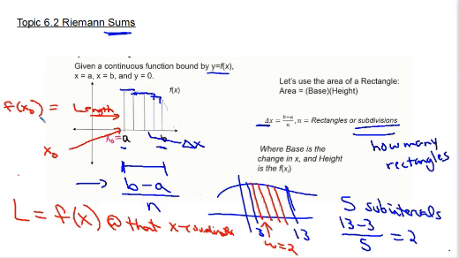It would be the function value. All right? So that's kind of an introduction to what we're doing here. And then what we do is, you see the word sums, we're going to add up all of the rectangles. We're going to add all the areas.